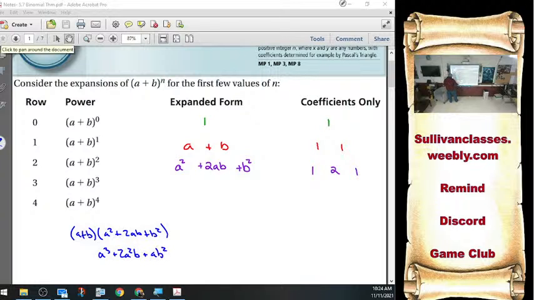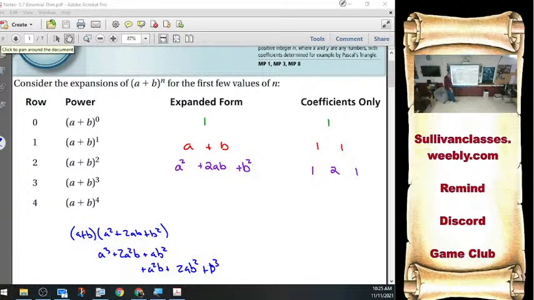B times the stuff is BA squared, B times the stuff is 2AB squared, B times the stuff is B cubed.